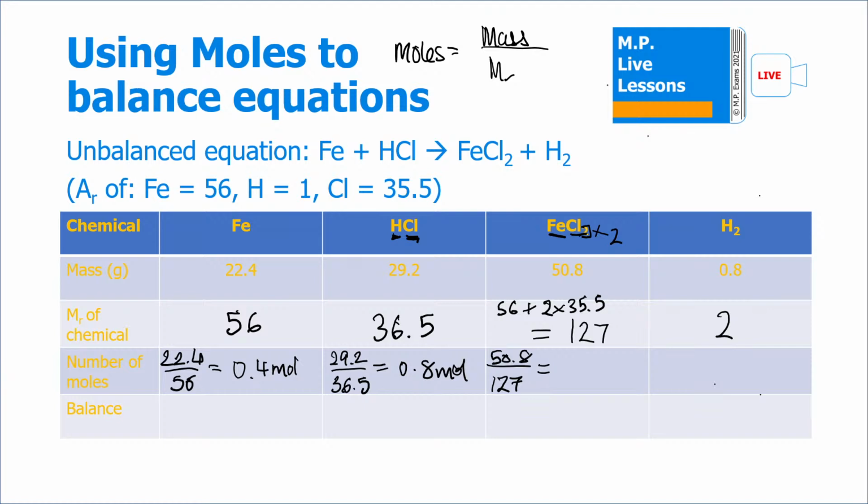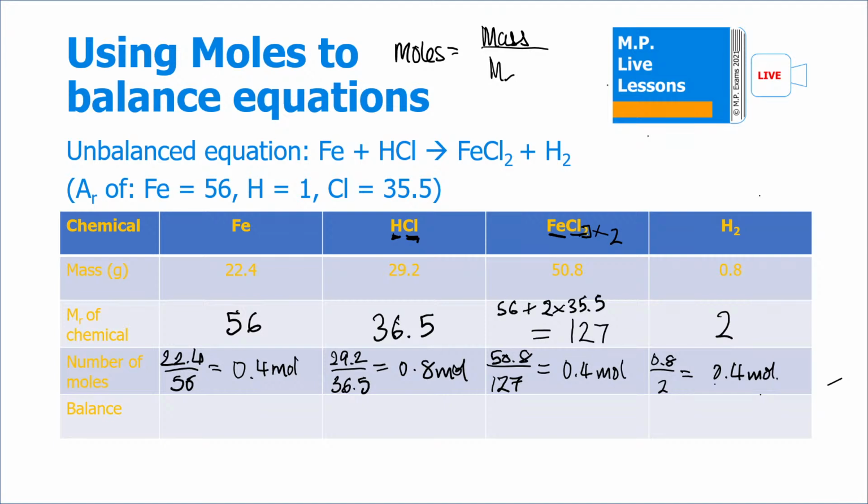This also gets us 0.4 moles. Lastly, we have hydrogen, that's 0.8 grams divided by its formula mass, which is 2. This gets us 0.4 moles.